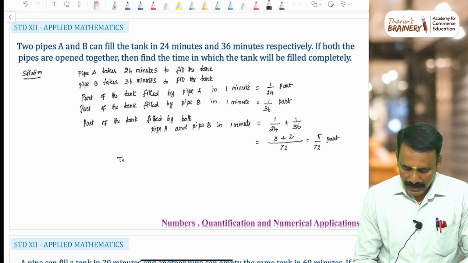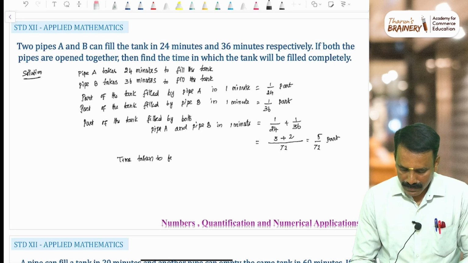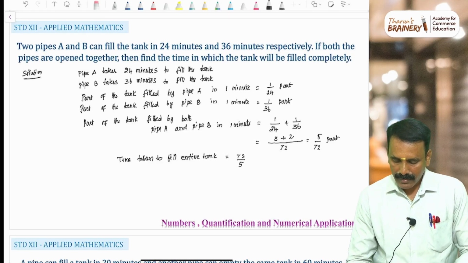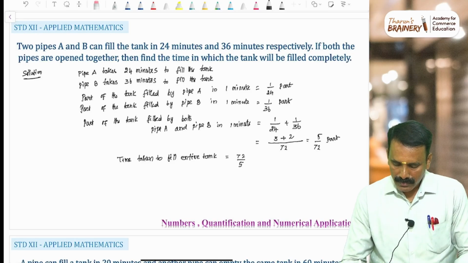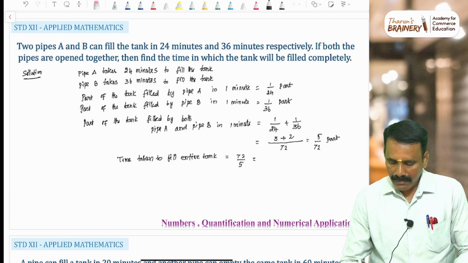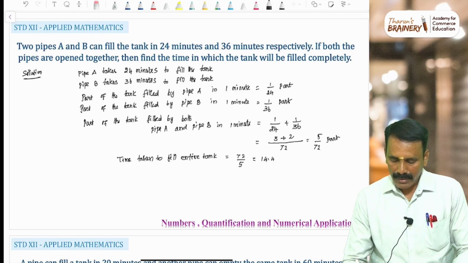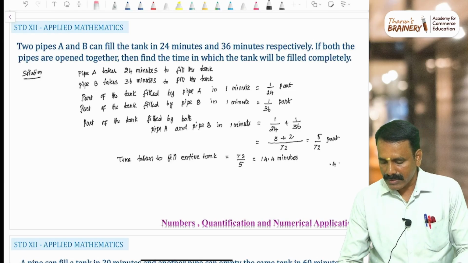So time taken to fill the entire tank will be 72 by 5, which is equal to, we divide 72 by 5. 14.4 minutes, and we are having 0.4 minutes.